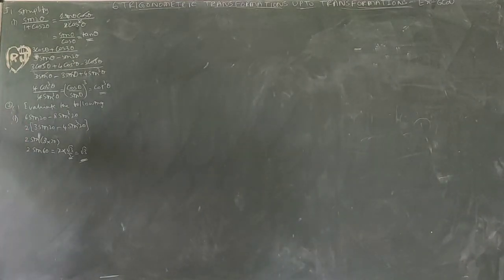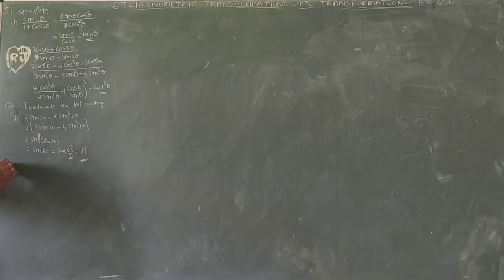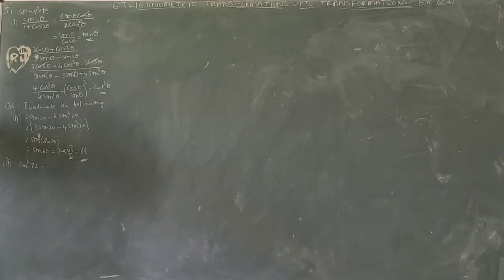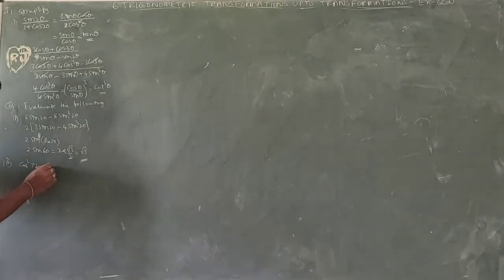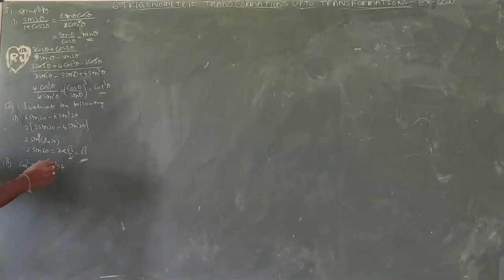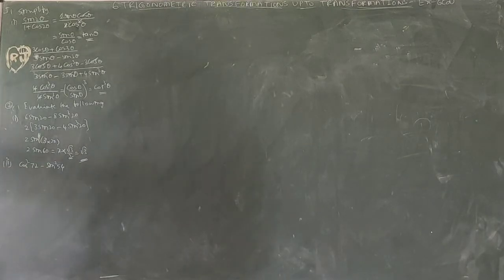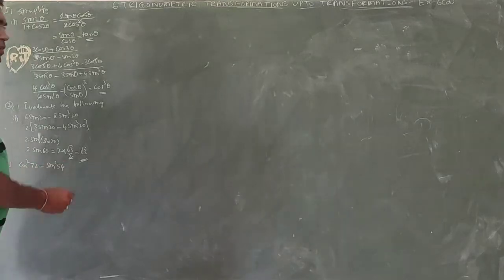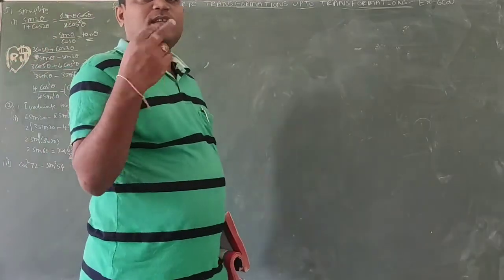Next, second. Cos square 72 minus sin square 54. This is cos square a minus sin square b. One is cos, another one sin.